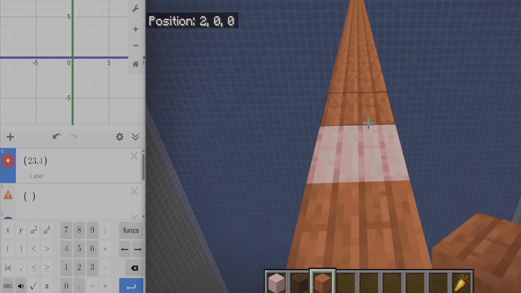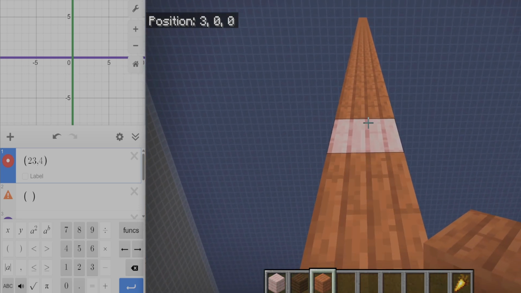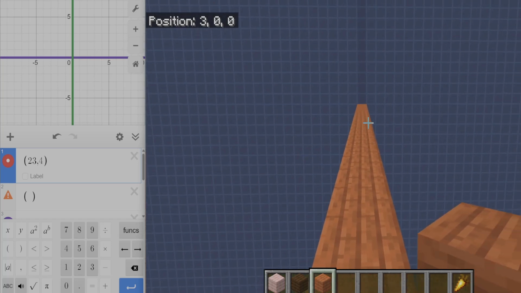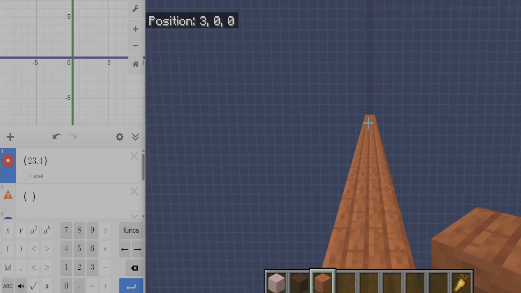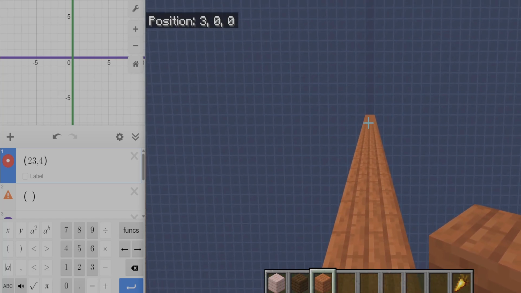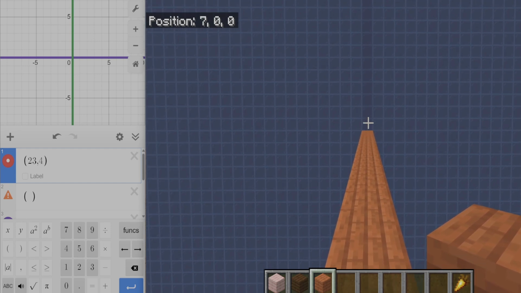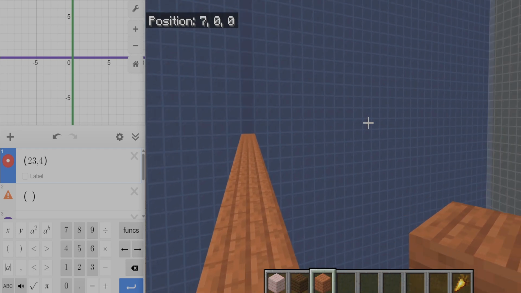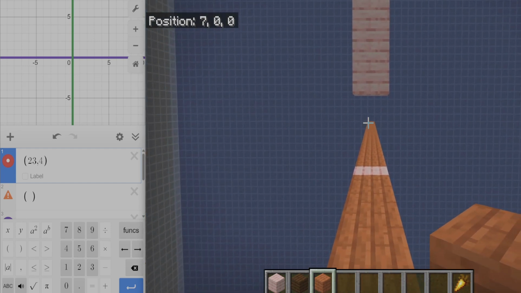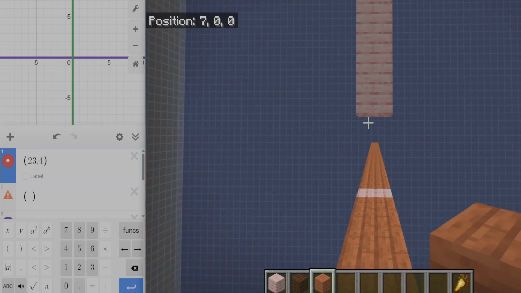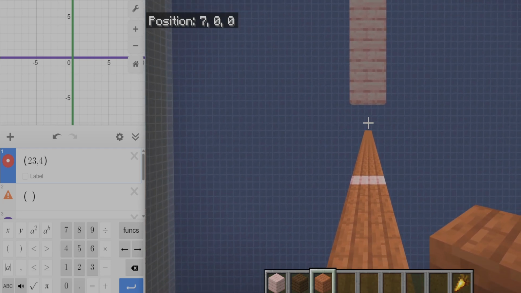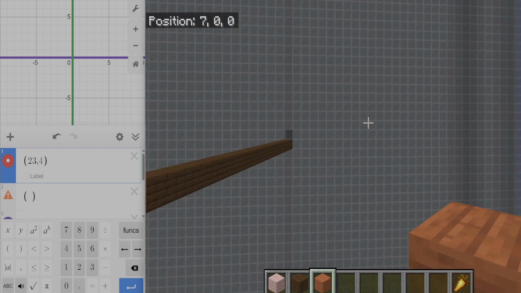But what I do want to show you is this idea in multiplication of multiplying by a negative number. When you multiply by a negative number, it's basically that the negative number indicates a full 360 rotation.